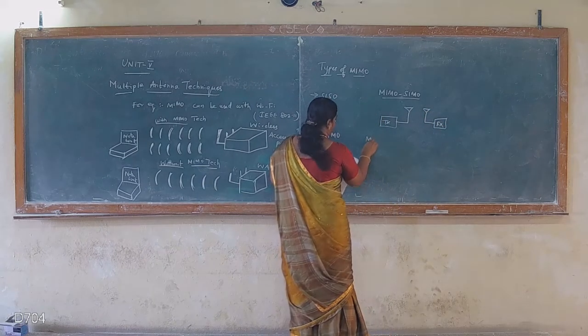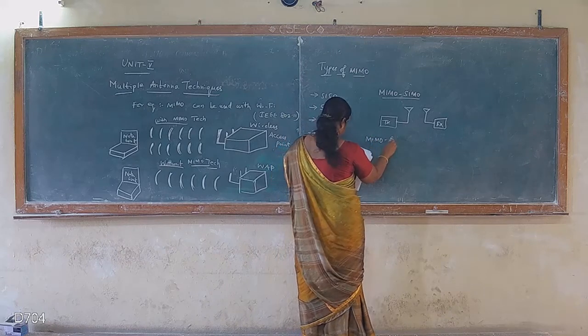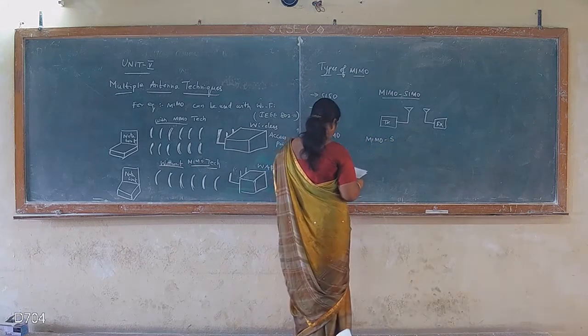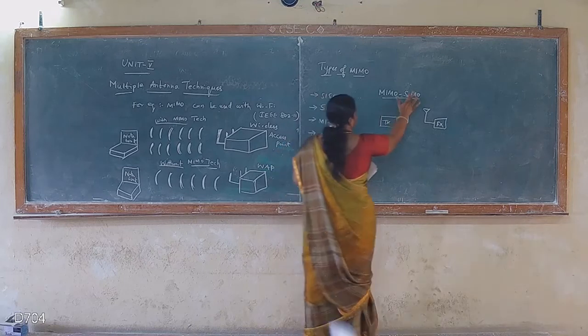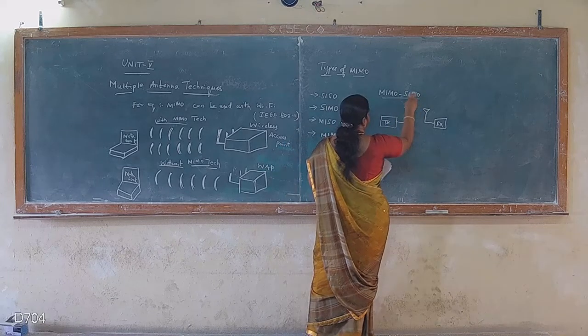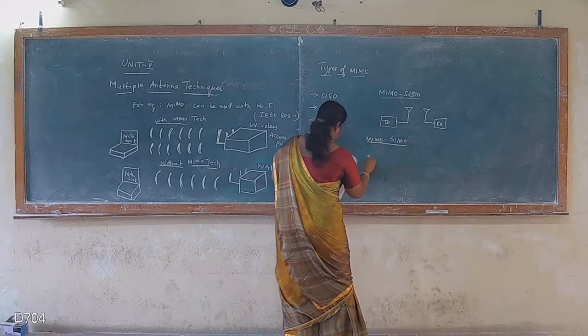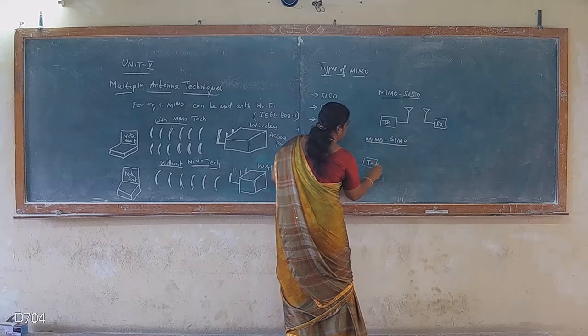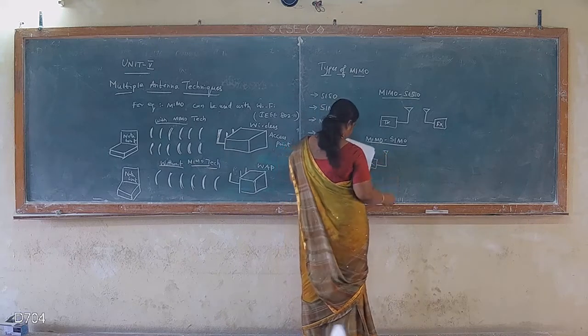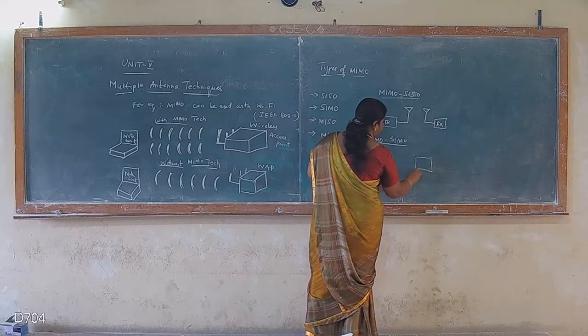This is single input with multiple output. So the transmitter will have only one antenna, but at the same time, the receiver will have more than one antenna. What I have drawn here is the signal transmission.